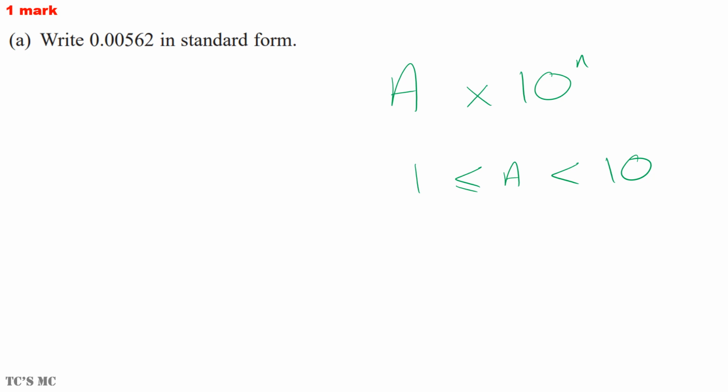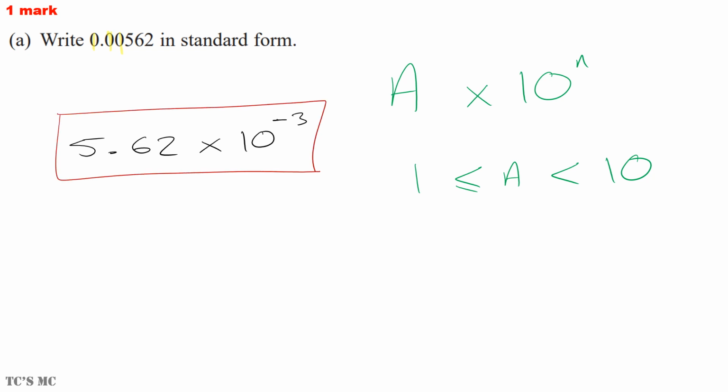So in our case it's going to be 5.62 multiplied by 10 to the power of a negative number, as this is a very small number. With this, the trick is to count the zeros, 1, 2, and 3, so the power is negative 3. And that is your 1 mark answer. That's all you need to write for 1 mark.